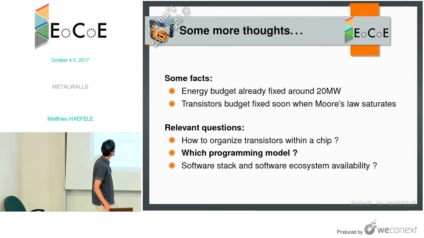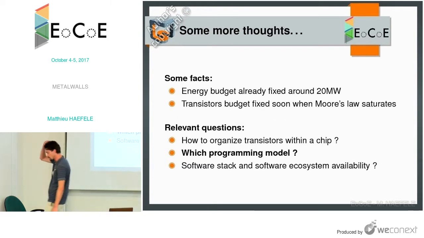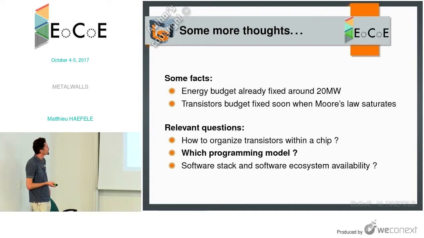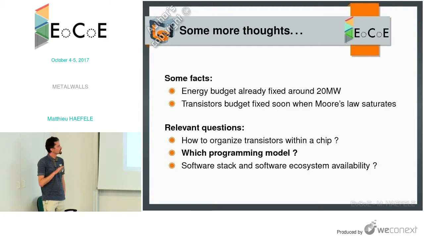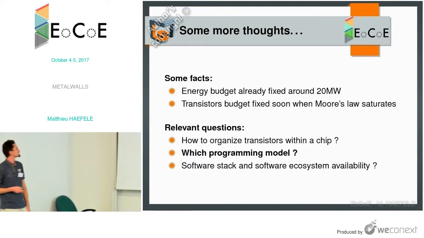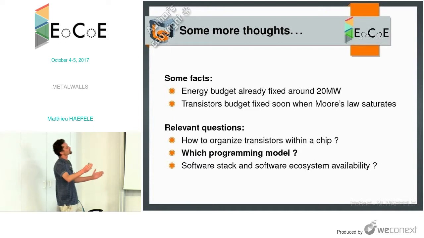Yep, and so, last slide about some thoughts, more to trigger discussions tonight with a glass of wine. Some facts: for now, the largest supercomputing systems are already limited by energy. They have to fit into an energy budget of 20 megawatts. We are still in the Moore's law regime with the doubling of transistors every 18 months, but that's getting longer and longer.